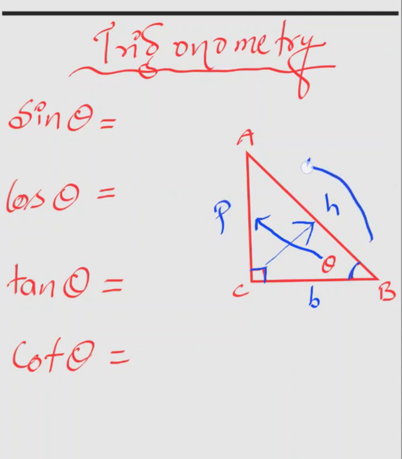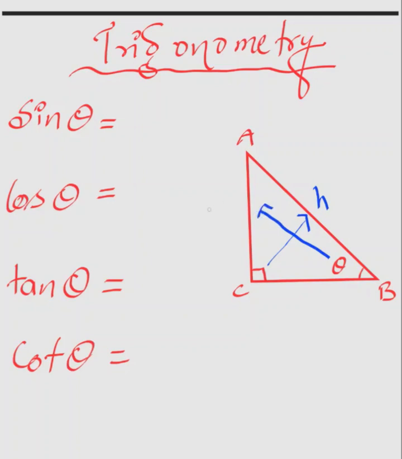Whether it is tilted this side or that side doesn't matter. The opposite of the right angle is the hypotenuse, the opposite of the angle is always the perpendicular, and the side between the angle and the right angle is called the base. Remember these three things, then it will be easy for you to understand.